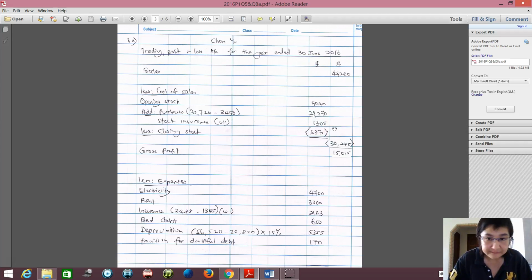Okay, additional information number 6, insurance, is a bit more complicated. They said there's stock insurance and also the insurance that is under expenses. Why I put stock insurance here is because this is cost of sales.